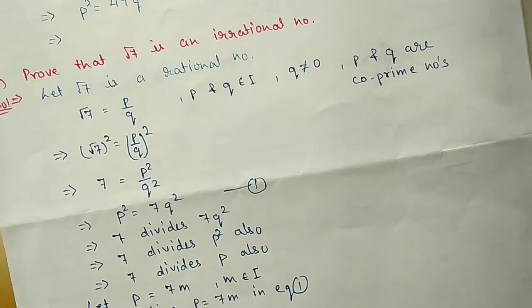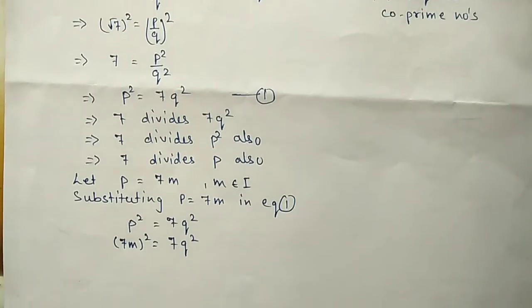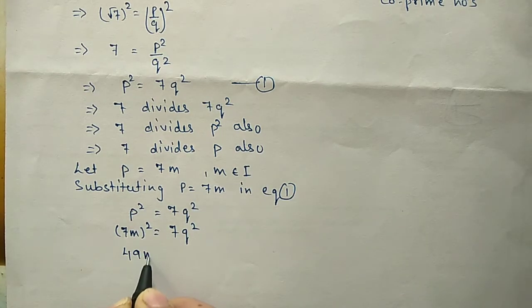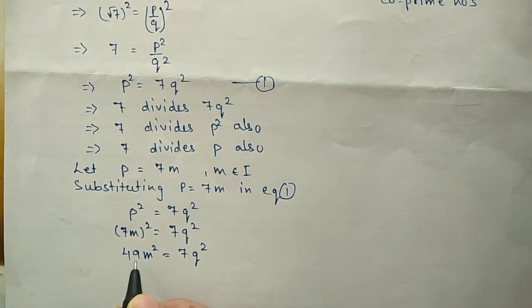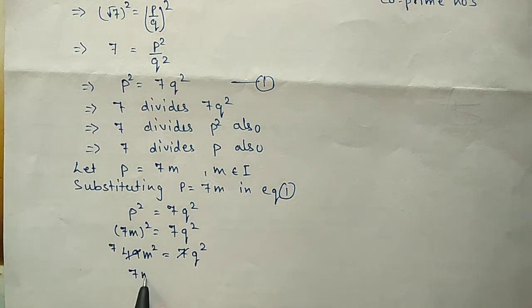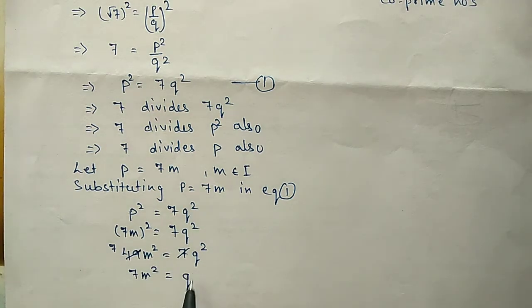And 7m whole square we can write as 49m square equal to 7q square. Again, when you shift this 7 to the other side, it will come for division and will cancel 49 by 7 times. So we have 7m square equal to q square.